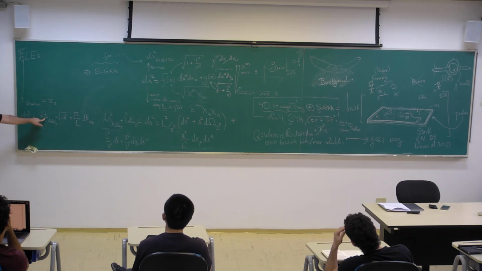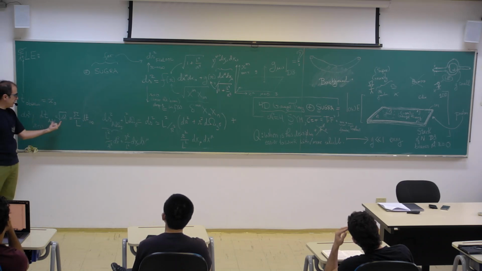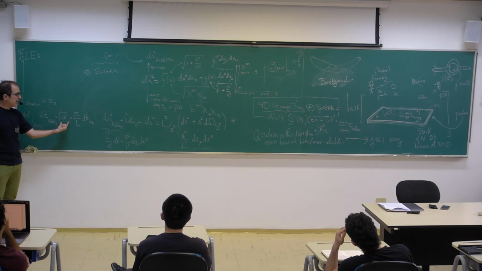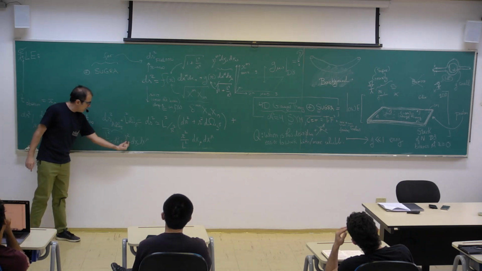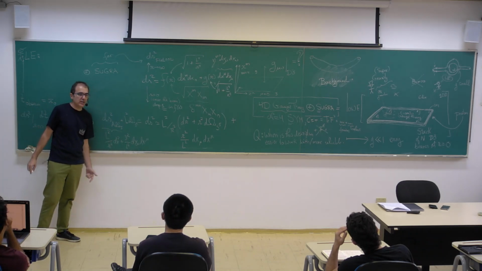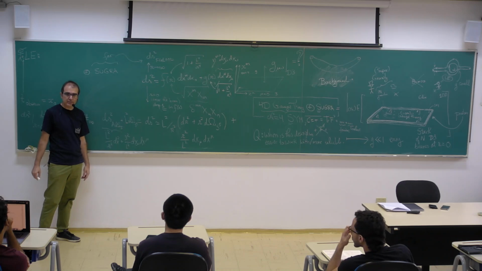You agree? A small invariant interval in AdS is multiplied by r over L compared to a small time interval at infinity. Correct?